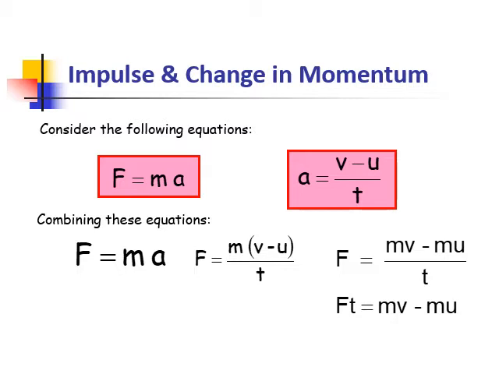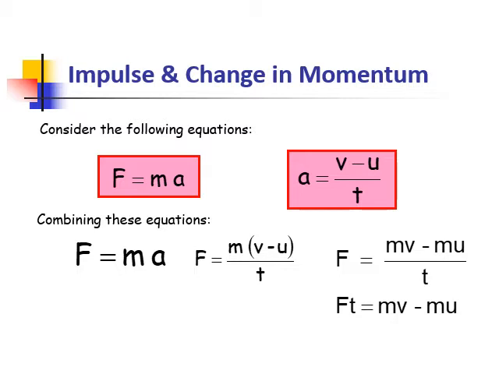So let's have a look at some of the relationships here. Newton's second law says the unbalanced force is equal to the mass times the acceleration. But we already know that the acceleration is defined as the change in velocity divided by the time, or v take away u, where u is the initial velocity and v is the final velocity, divided by the time for that acceleration. So if we combine those two relationships together, we get the one in the middle at the bottom there, that the force is equal to the mass times (v minus u) over t.